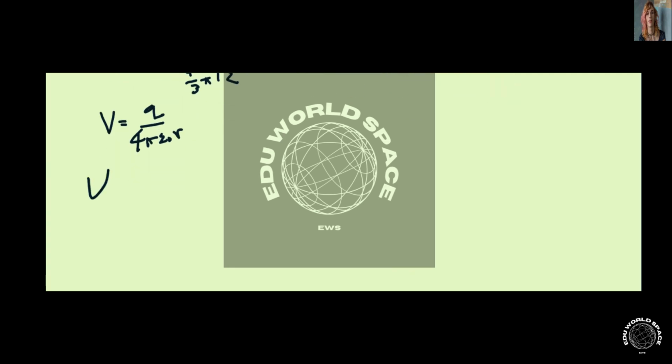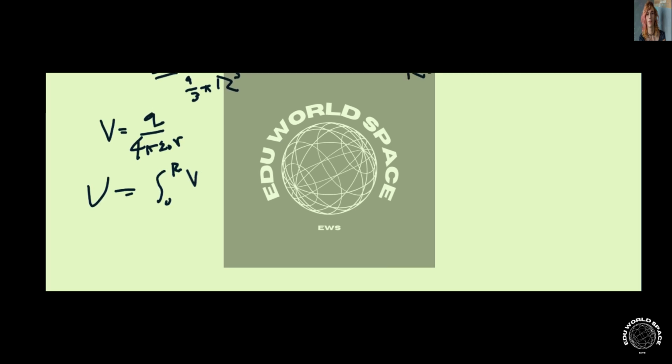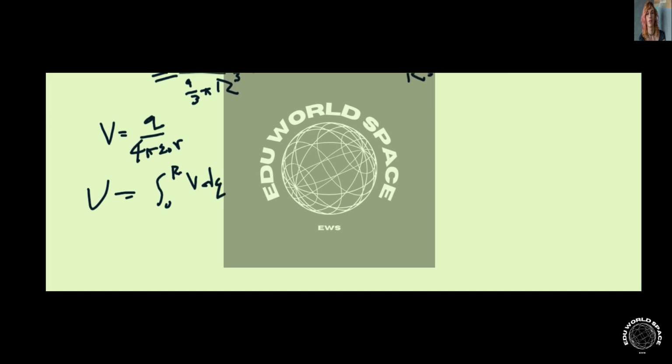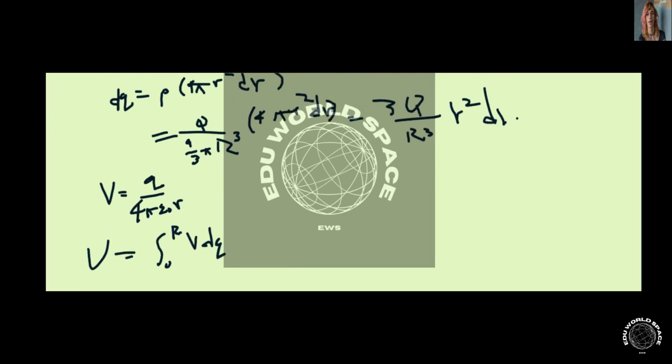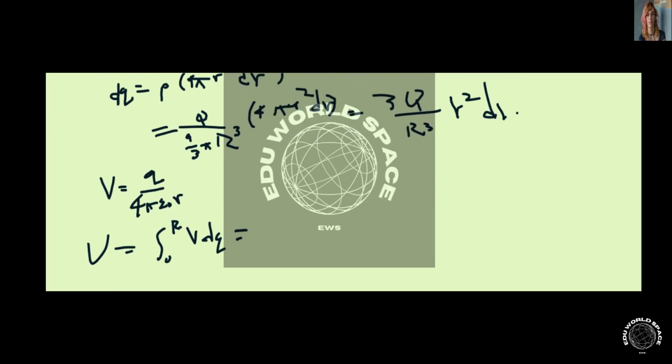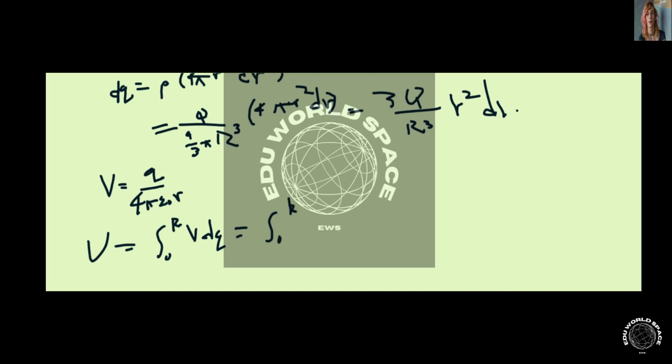So the energy is equal to the integral from 0 to R of V dq. If we replace V by the above equation, it's equal to the integral from 0 to R. Let me bring that down. And now we're integrating it with respect to dq.